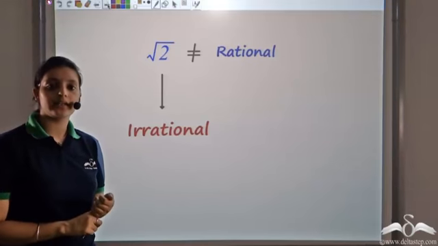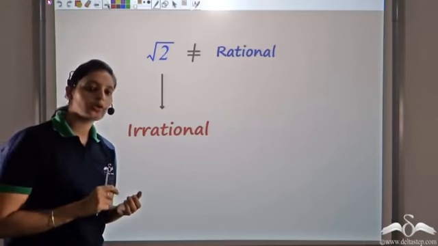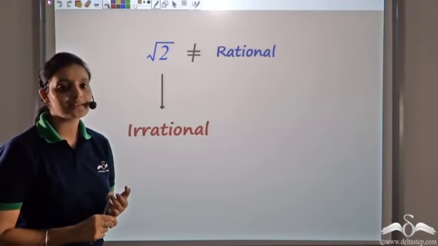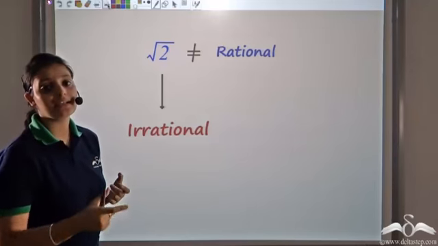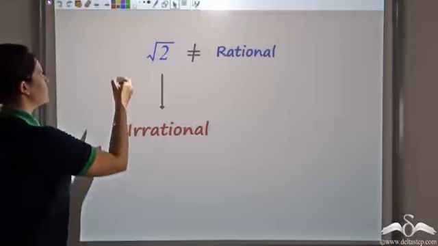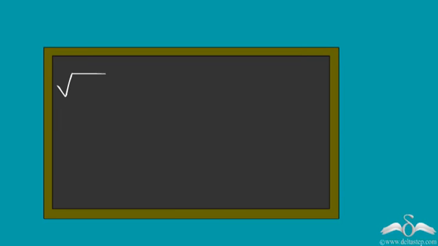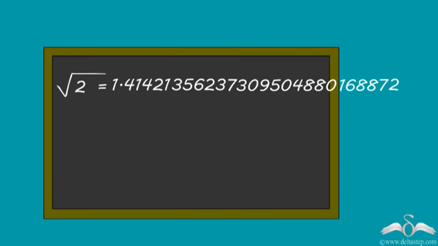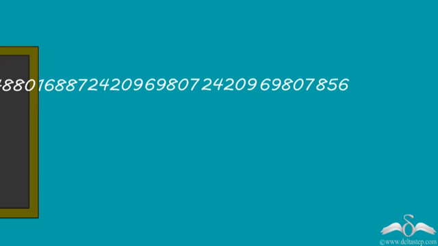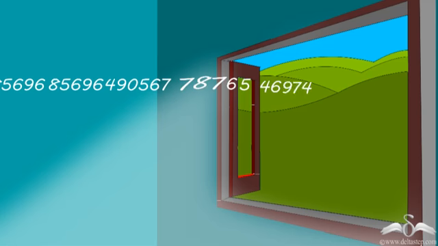It's a non-terminating decimal. But with non-terminating, the digits do not repeat in a sequence also. So let's look at this. Under root 2 was this number when expressed in decimals. The digits do not end and do not repeat also.